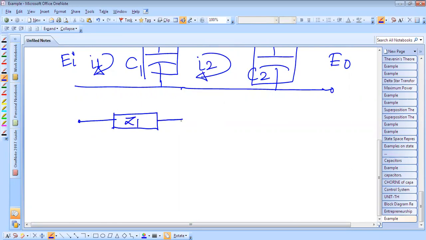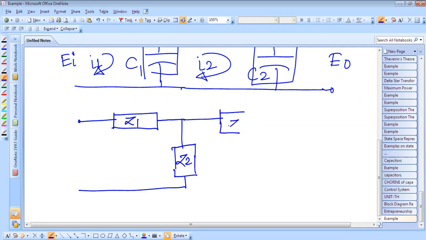This is Z1. This is Z2. This is Z3. This is Z4.